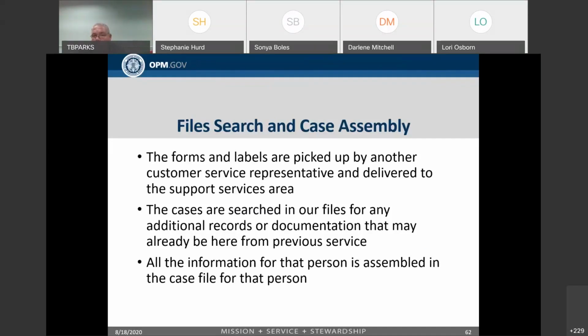These deceased employees may have had prior service, or there could be those CSI folders for the people that were in 365 days on pay status. And then all the information that's found for that person is assembled in the case file in a specific order.